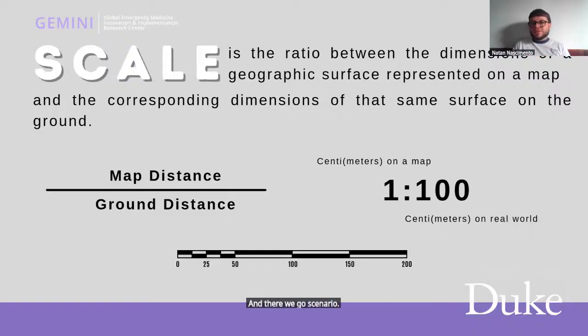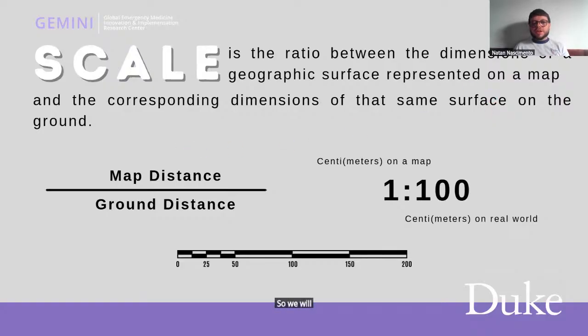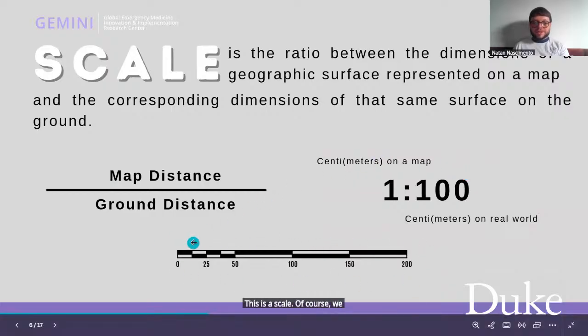So the scale is the ratio between the dimensions of a geographic surface represented on a map and the corresponding dimensions of the same surface on the ground. So we will have, okay, 1 centimeter in a map represents 100 centimeters in the real world. This is a scale. Of course, we represent this as a figure that is easier for us.